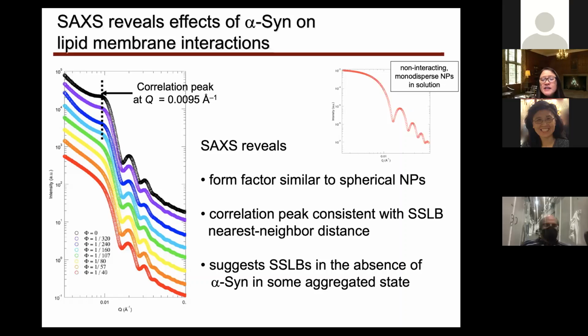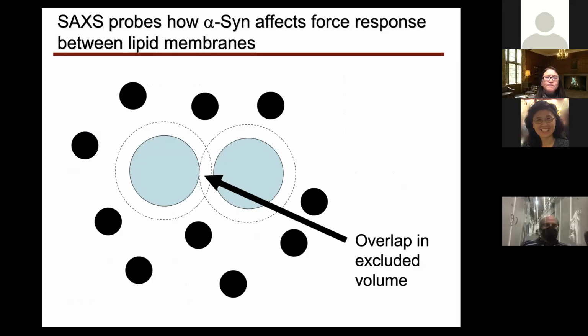So what this data suggests is that SSLB, in the absence of alpha-synuclein, is in an aggregated state, which corroborates well with the XPCS data that shows a much slower diffusivity and also a beta value that is not equal to 1. So you have this dilation of the relaxation time scale that corresponds to these aggregates.